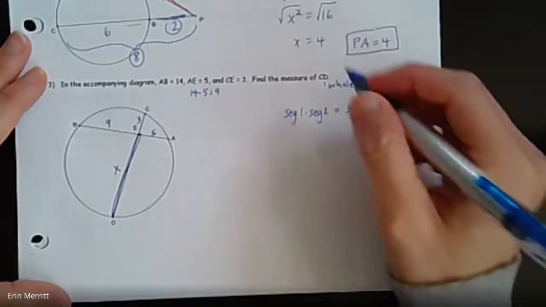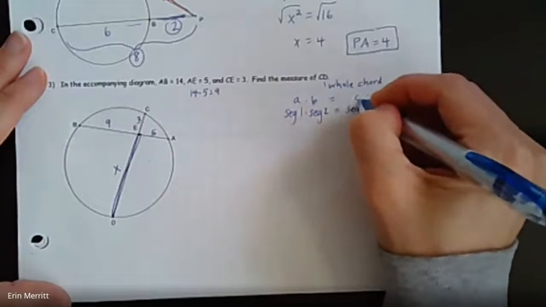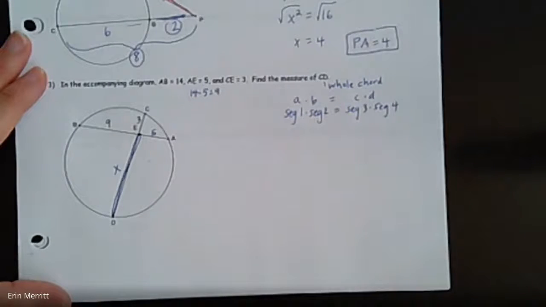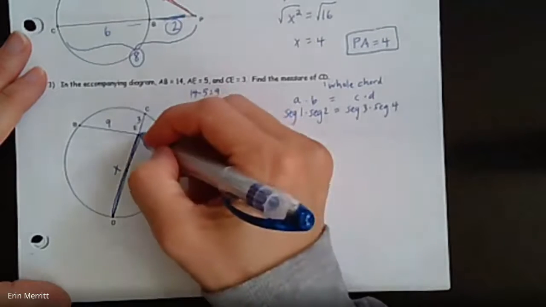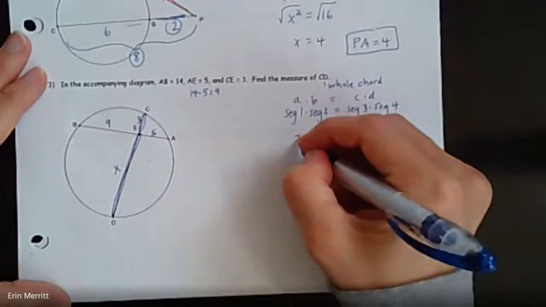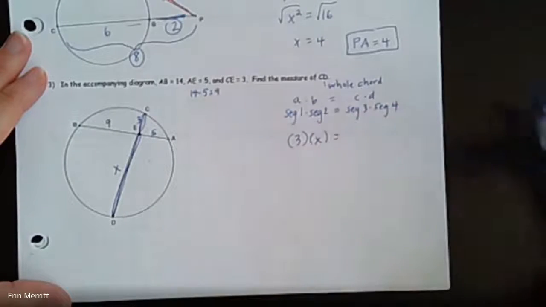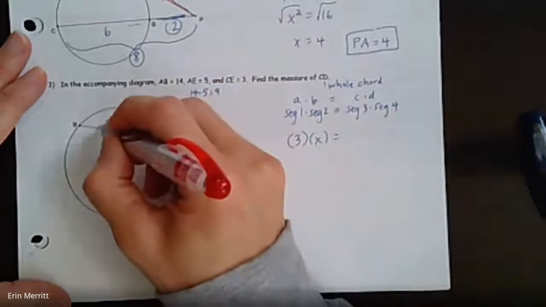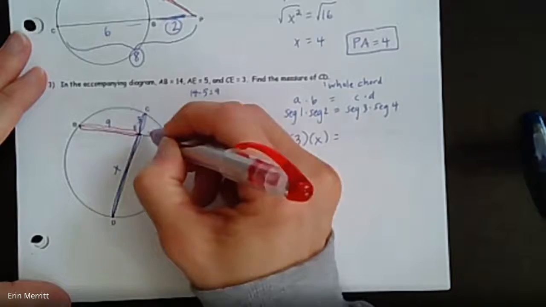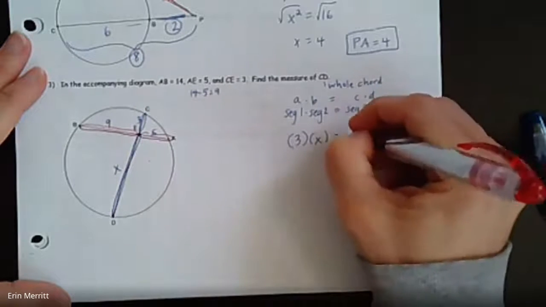Or maybe we even wrote it as A times B equals C times D, depending on which notes you might have looked at. But the idea is you're just multiplying the parts of the segments. So in this case, 3 times X would equal the product of the parts of the other segment. So then 9 times 5.